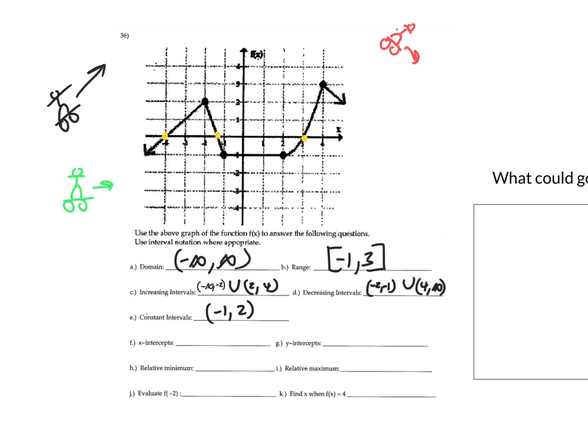Well, x-intercepts are clearly at -4, comma 0, right? That's one of them. And these are points, by the way, so I'm going to put a comma in between them. The one on the right is clearly 3, comma 0. And this one right here is negative 1.3 repeating, comma 0.